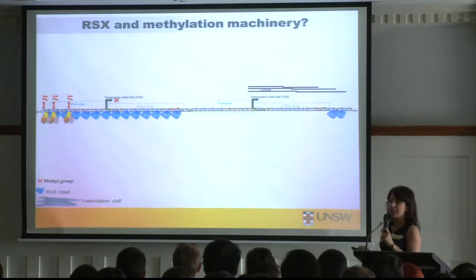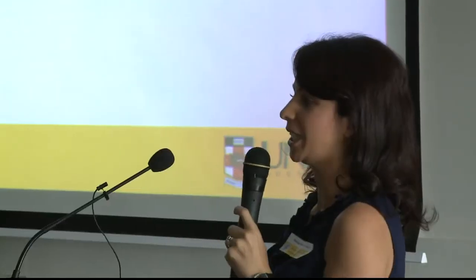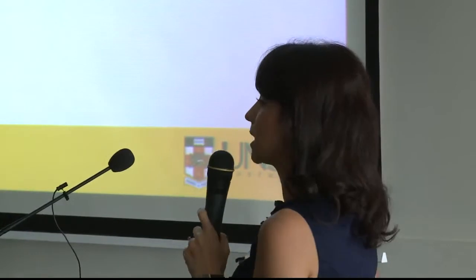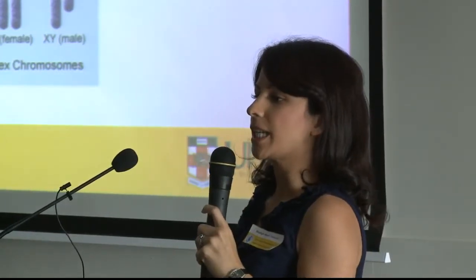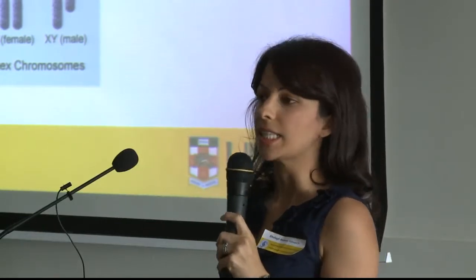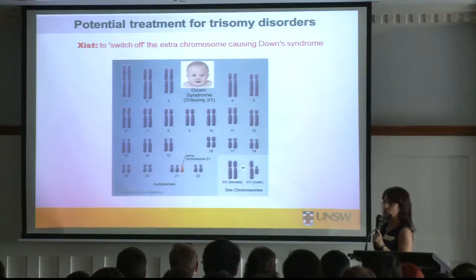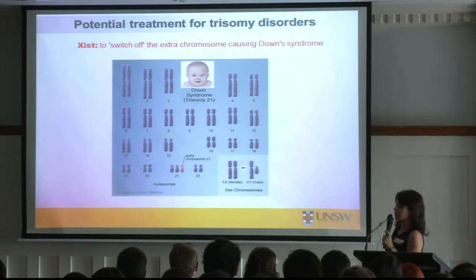So to bring this in line with today's theme, how can the knowledge of XIST, RSX and other species besides humans help us be better off tomorrow? You would have noticed that the natural function of XIST is to silence an X chromosome. We can take advantage of this function and maybe silence the extra copy in individuals with Down syndrome.